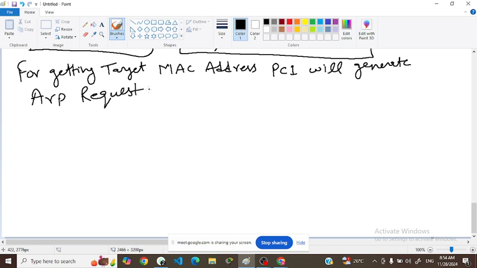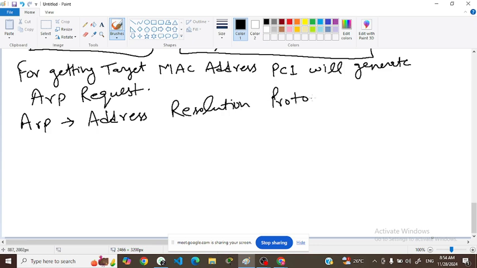What is an ARP? ARP is Address Resolution Protocol. So Address Resolution Protocol helps to get the target MAC address.